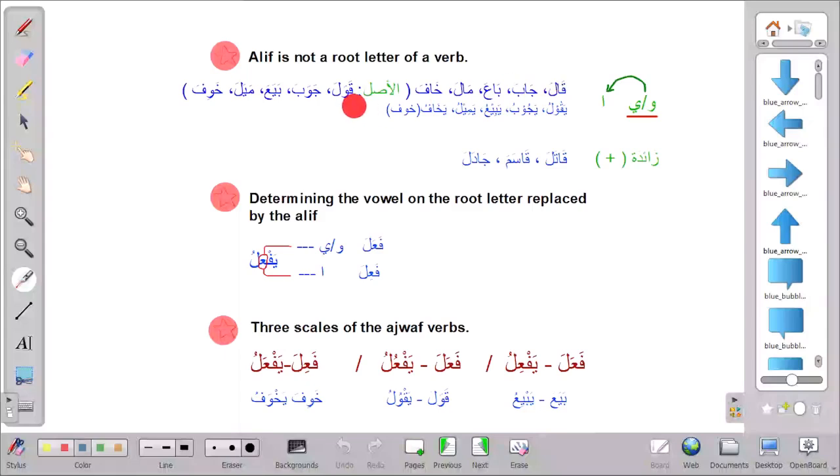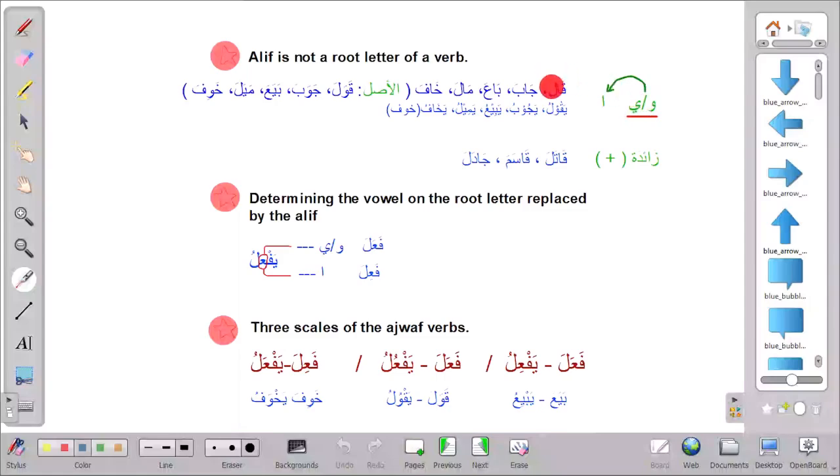So that's the first thing we need to know: it is not a root letter. I hope that is clear. So if it is not a root letter, now let's see what is happening. Why is it there? If you see the alif, it means that it replaced a letter which was initially waw or ya.